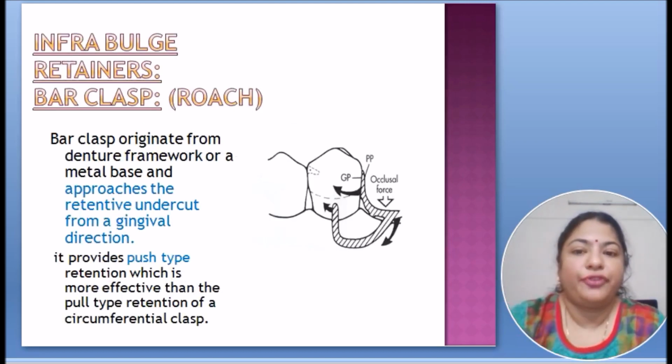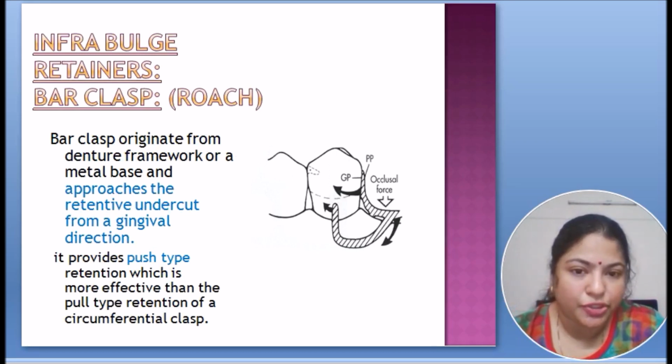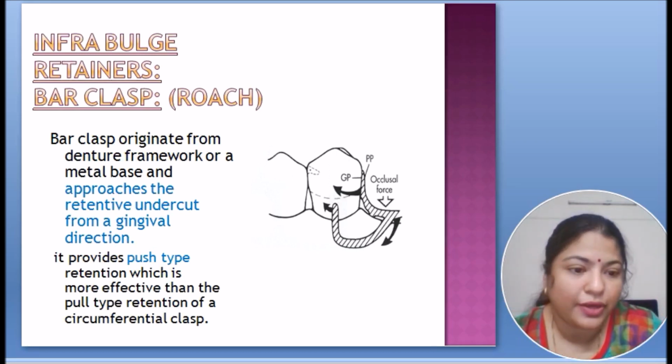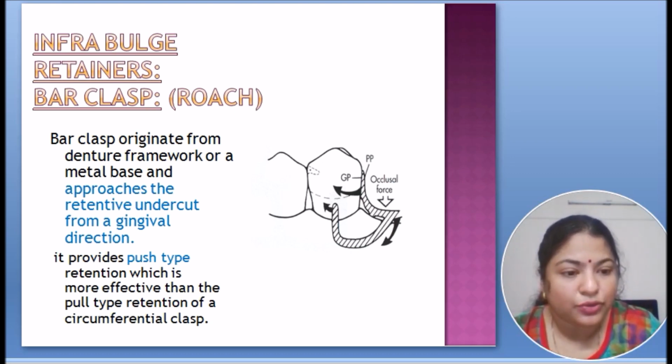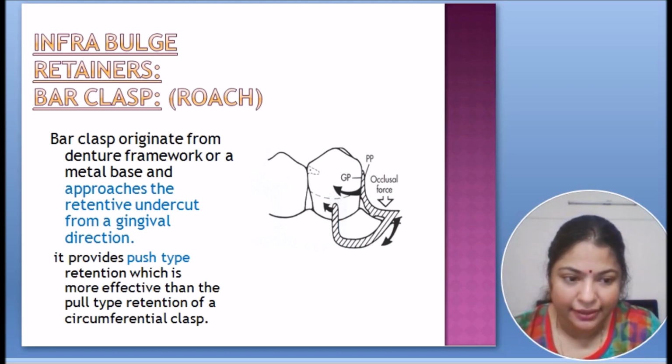Now, bar clasps or gingivally approaching clasps can also be called infrabulge retainers, as they engage the tooth from the infrabulge area. As we have already seen, a tooth can be divided into a suprabulge area and an infrabulge area considering the height of contour.